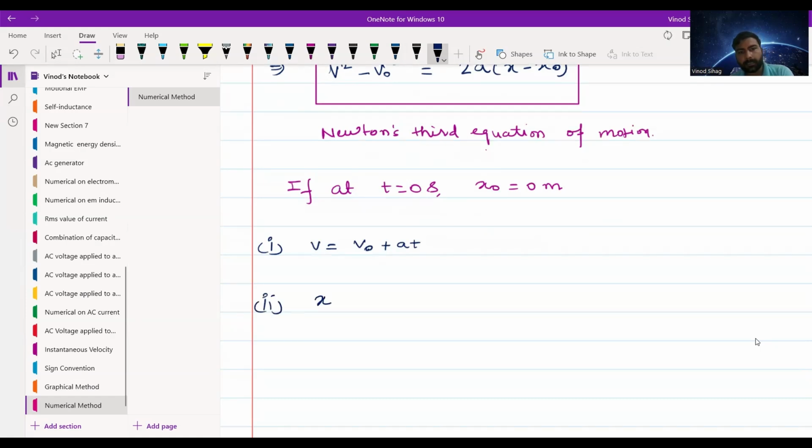And the second equation will become x equals v naught into t plus half a t square, and the third equation will be v square minus v naught square equals 2ax. And these are the three equations of motion.